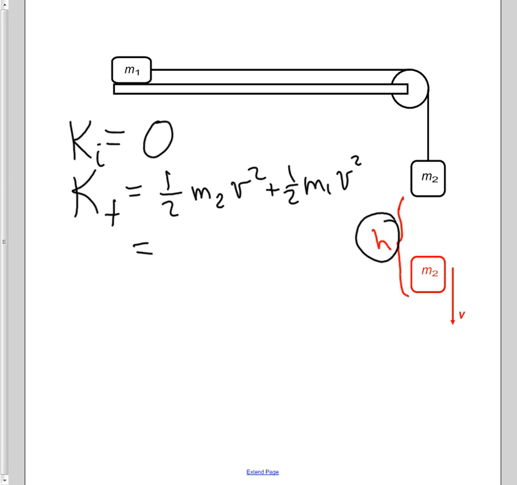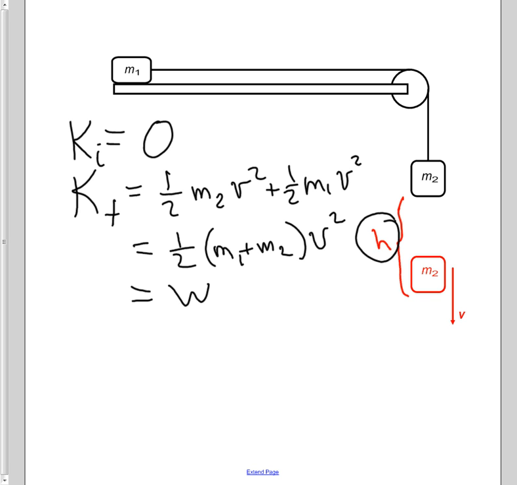So the final kinetic energy is equal to 1/2 (m1 plus m2) v squared. And that's got to be equal to the work done. And so now we have to ask ourselves what work has been done on this system.